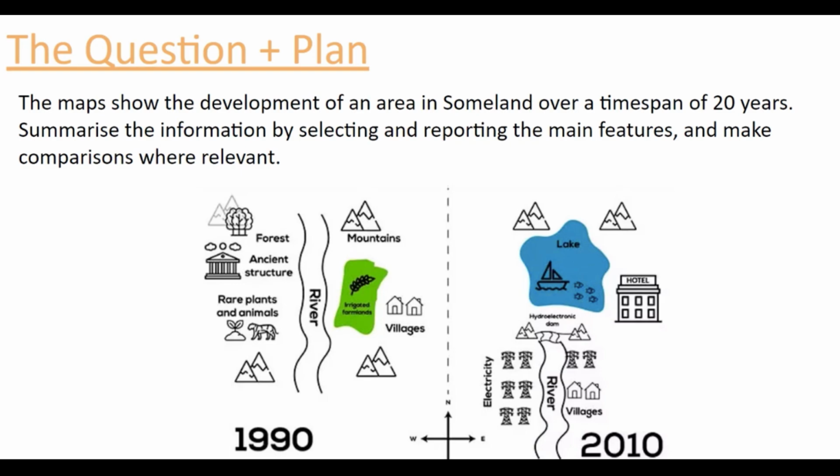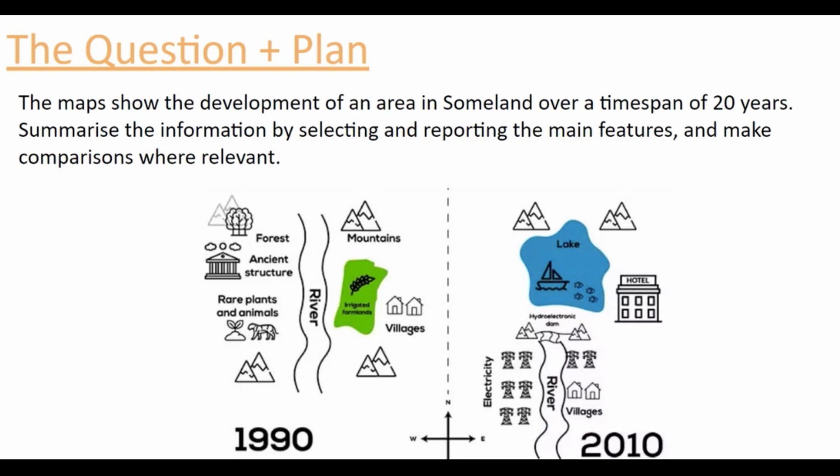Below, to the south of this map, we can see electricity stations, both to the west and east of the river. And a new village has been added to the east of the river too. Now, these mountains, these hills, seem to have been flattened somewhat.